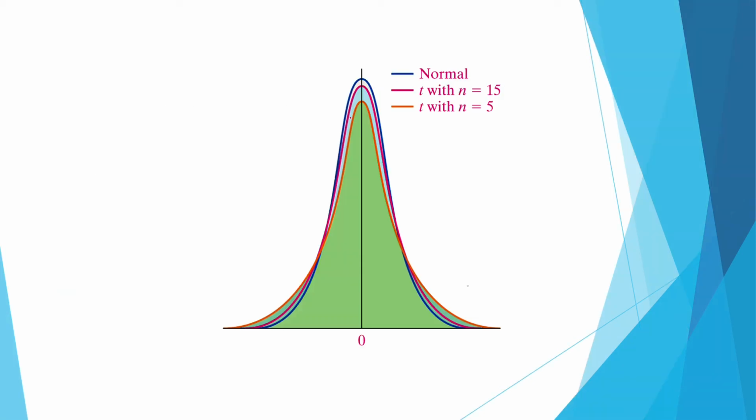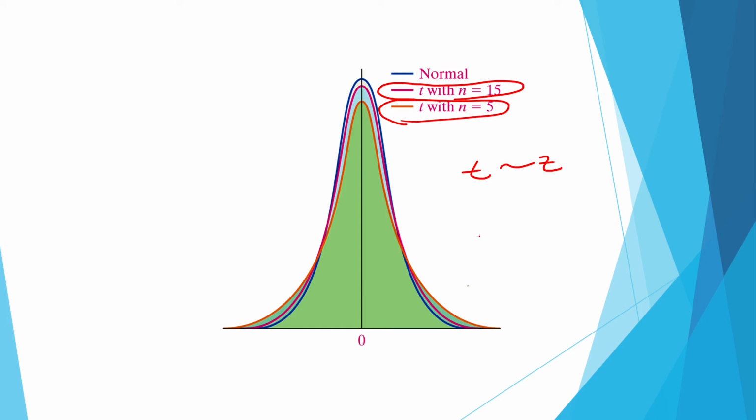In blue, we have the z distribution, and when the sample size is 5, we can see that the t distribution is very similar to that of the z distribution. As our sample size increases, it gets even closer to that of z.